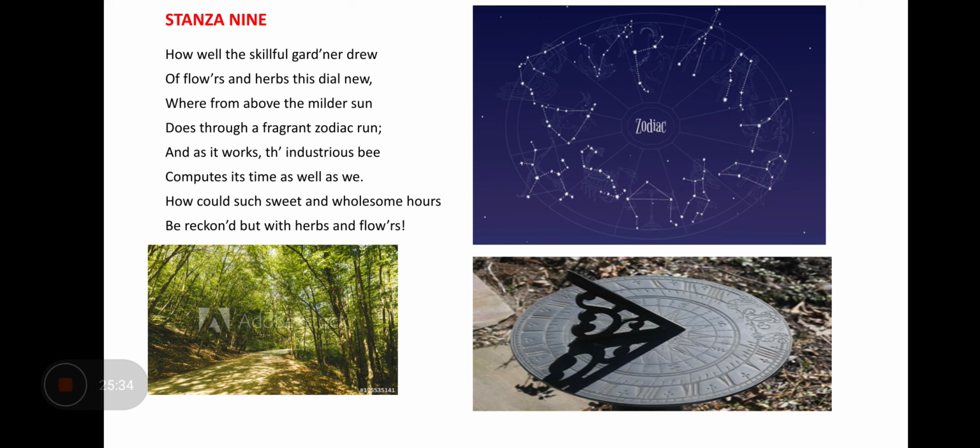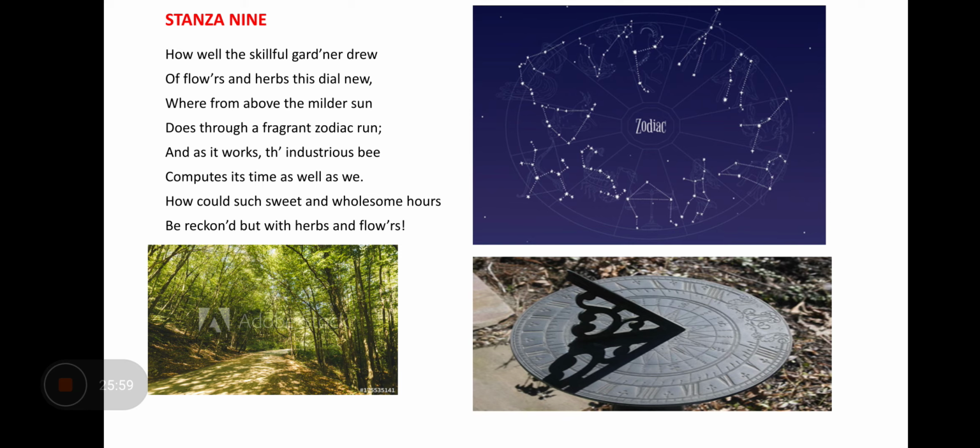He says how the gardener is creative because on the basis of the shadow and the direction of the shadow and the size of the shadow, people easily understand the time and the patterns that are served by the sundial also tells us the time.